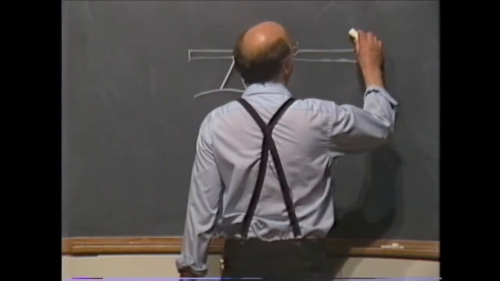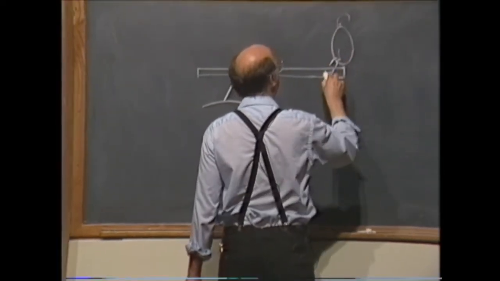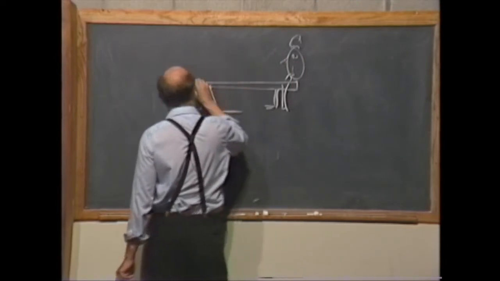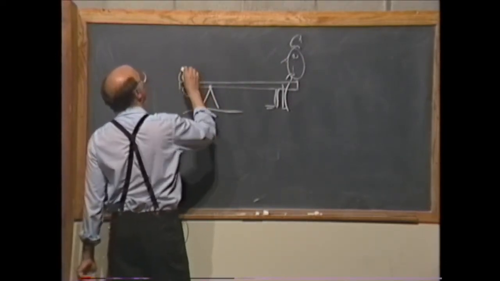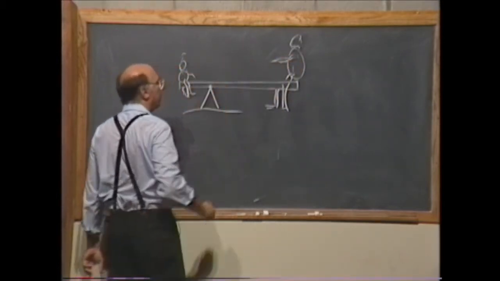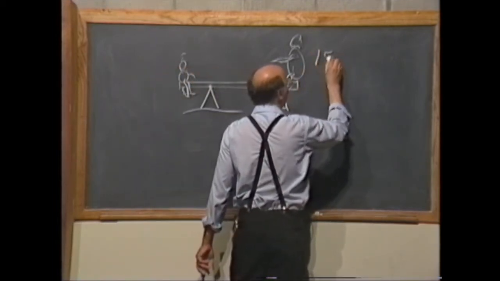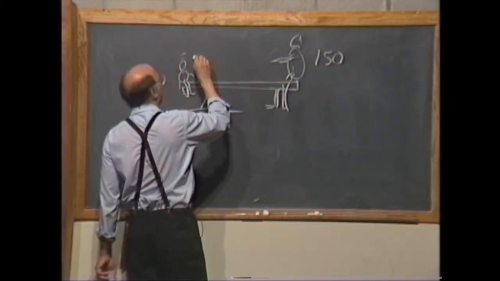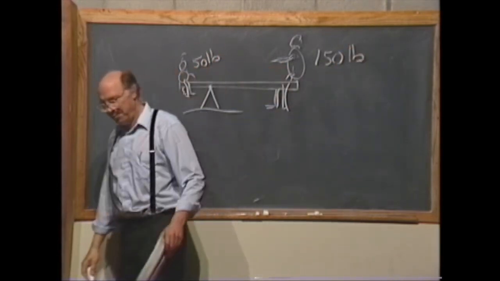And my father sat at this end of it, like so. And I was a little guy at that time. I sat at this end. And the amazing thing was that even though my father must have weighed, I don't know, 150 pounds, and maybe I weighed 50 pounds, I balanced my father. What do you think of that?